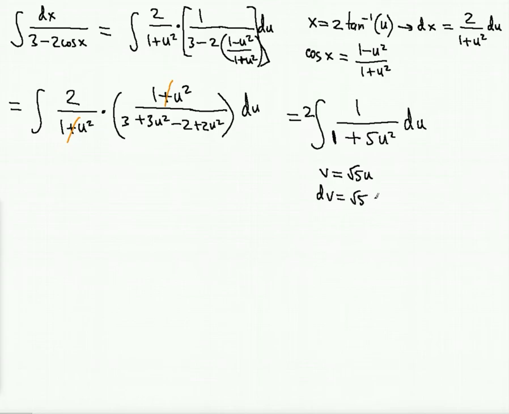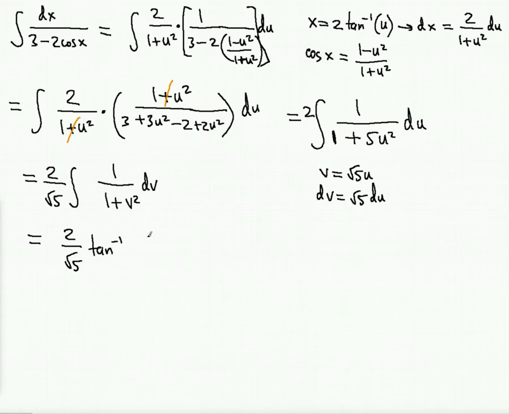Radical 5 du, right? So as a result, there's no radical 5 in the top, so we have to have a radical 5 in the bottom. So 2 over radical 5, we will have 1 over 1 plus v squared dv. Right, so that's easy. This is going to be 2 over radical 5 arctangent of v. v is radical 5u, plus a constant.